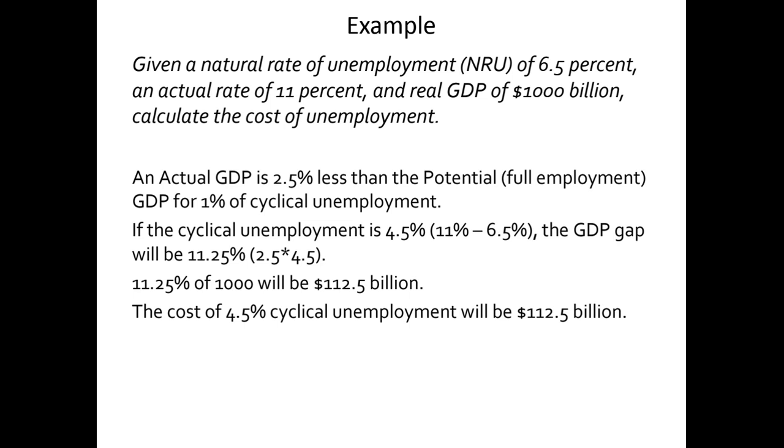That is the gap between actual GDP and potential GDP must be 11.25% of actual GDP. So I know that the actual real GDP, or current GDP, is 1,000 billion. So I just calculate 11.25% of 1,000, which gives me $112.5 billion. So basically, $112.5 billion is the cost of 4.5% cyclical unemployment.